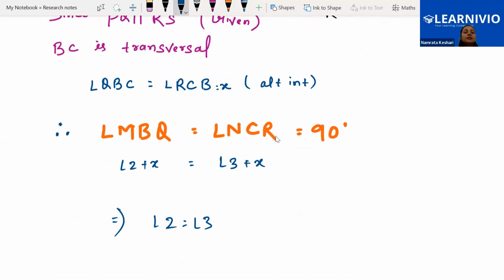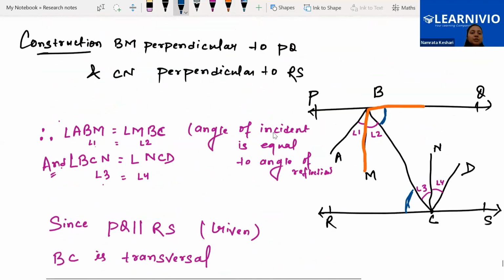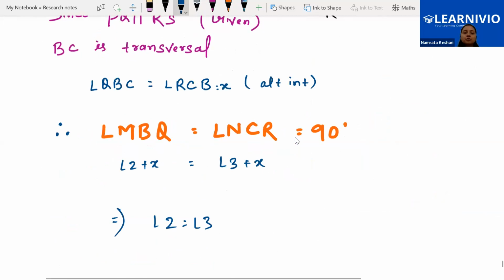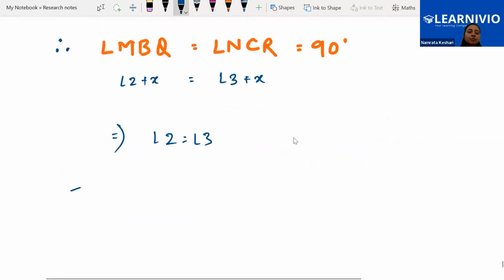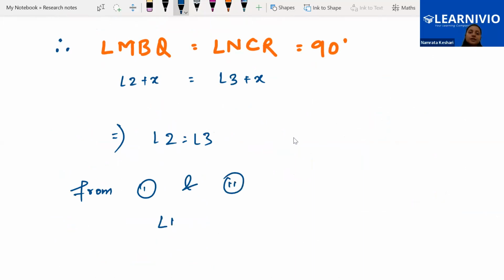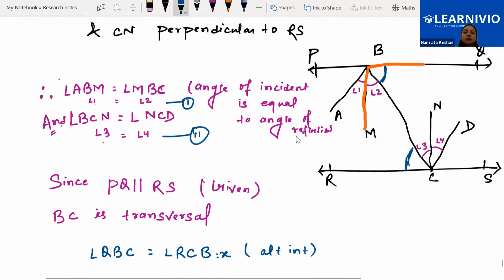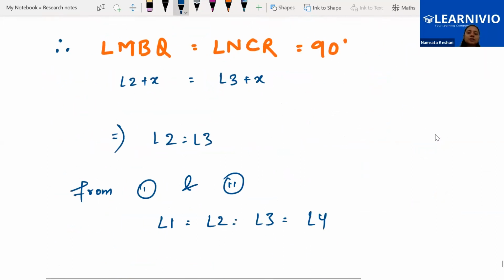Okay, since angle 2 and angle 3 are same, from equation number 1 and 2, we can say that angle 1, angle 2, angle 3, angle 4 all are same. Okay, now we have to focus on line AB and CD and transversal BC.